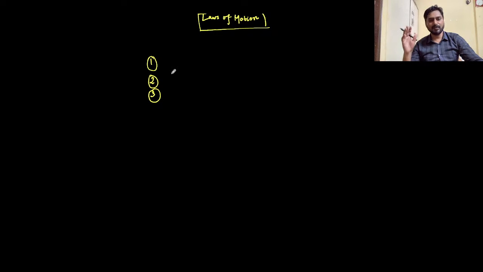We'll see some examples a little later. I want to reach the third law of motion that has application in rockets, and we'll see the first law of motion again. The second law of motion actually defines what force is. It says that force is nothing but mass into acceleration.